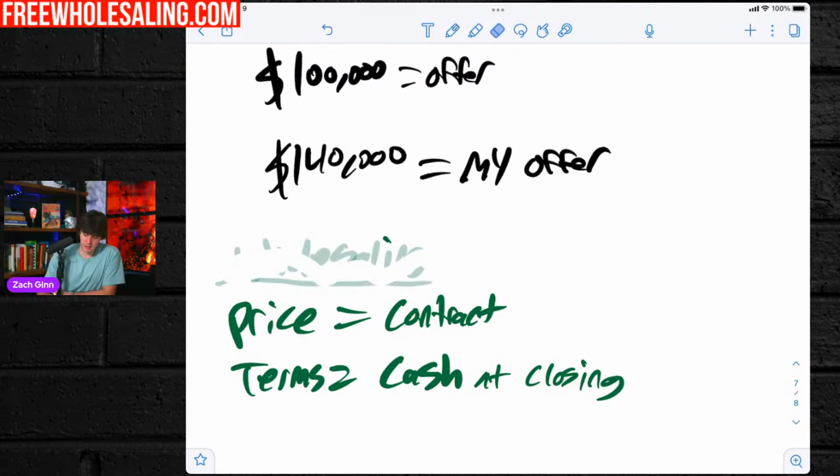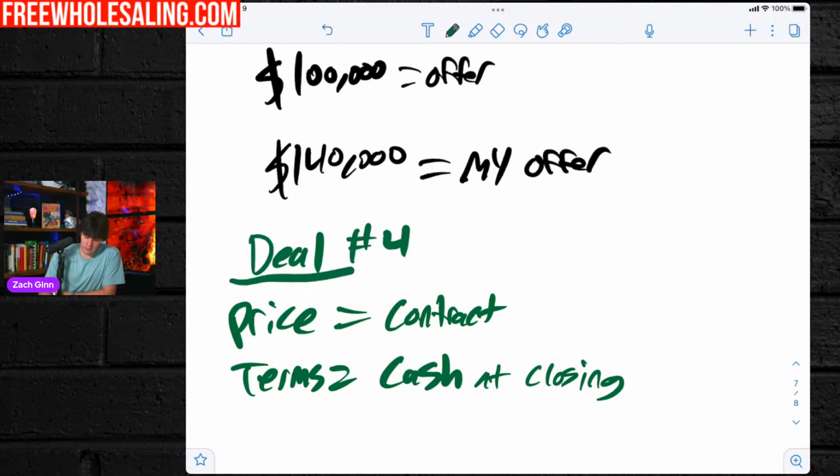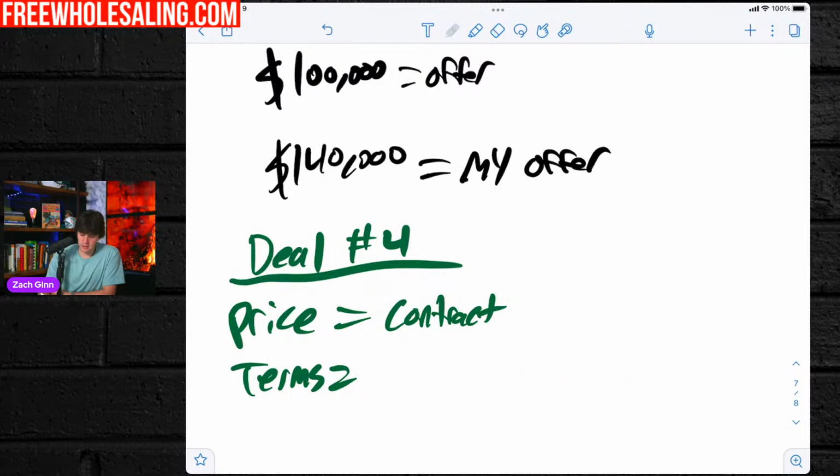Now, if I'm doing another type of deal, let's do deal number 4. Let's call it price can be the price we have in the contract. But let's say terms: I agree to pay $2K a month for 7 years. And so that's your terms. You are financing, right?